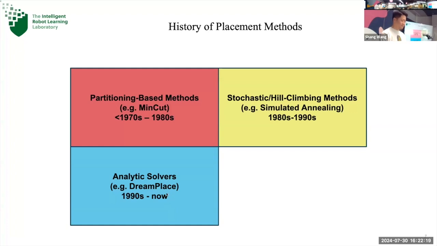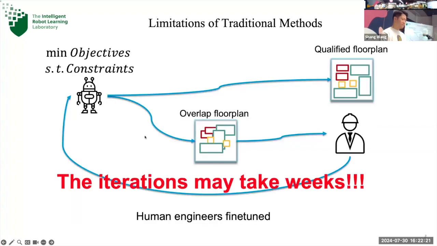But sometimes, these methods, particularly analytical methods, must relax the non-overlapping constraints to find solutions. So the analytical placers will produce results where the electronic components overlap each other, which cannot be manufactured. From the 1980s to the 2020s, the number of blocks in chips increased from hundreds to 10,000 or even more.